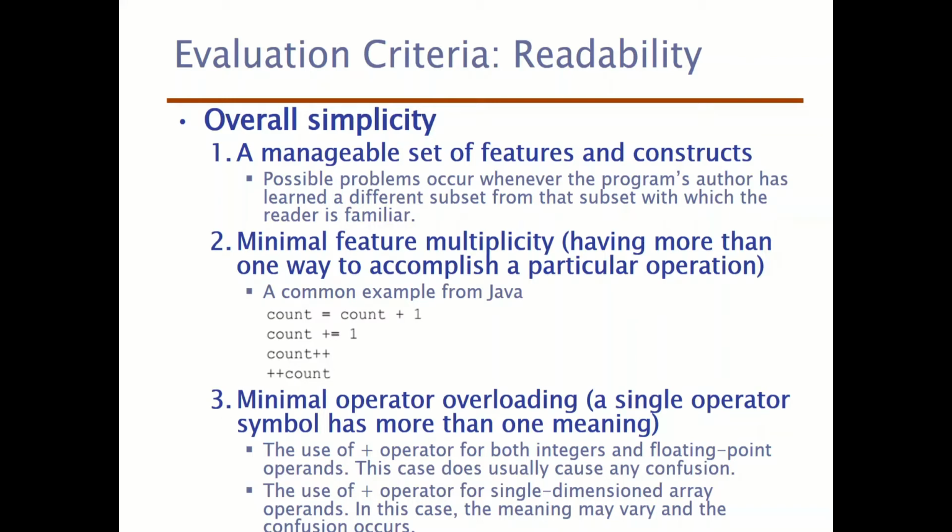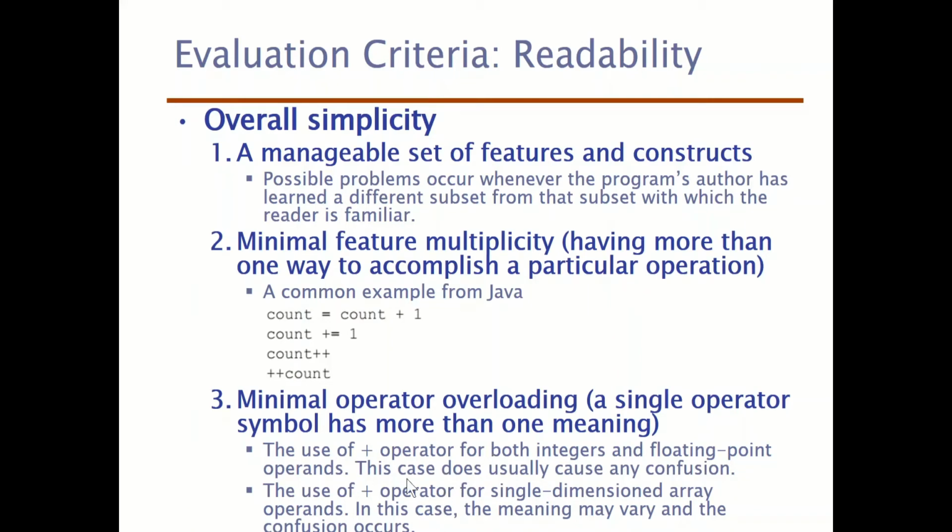Also, minimal operator overloading. If you remember about the operator overloading, we spoke about it in Java before. We may have an operator that can be understood in different ways. How? If the operands are, let's say, integer, we have two operands, and let's say we use the plus sign. In that case, it's an integer addition. Well, if one of them is integer and the other one is floating point, how is it understood? How about if one of them is integer and the other one is character? How is it understood?